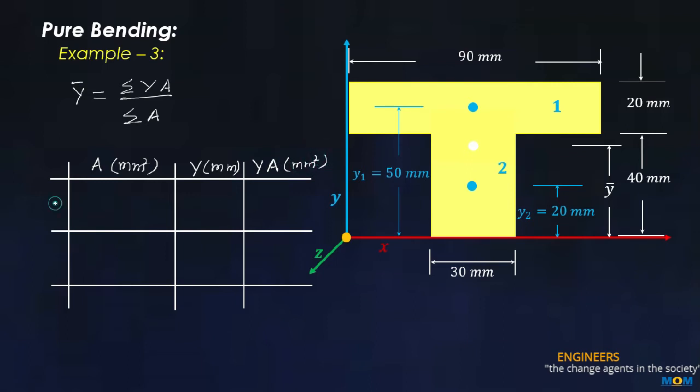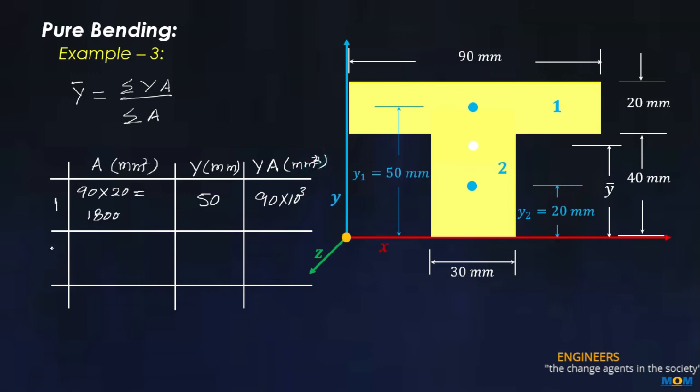Now for rectangular bar 1, the width is 90 millimeter, multiplied with height 20 millimeter, so area is 1800 millimeter square. Now the individual centroid of rectangular bar 1 is going to be 50 millimeter, and the product 50 multiplied with 1800 comes out 90 into 10 raised power 3 millimeter cube.